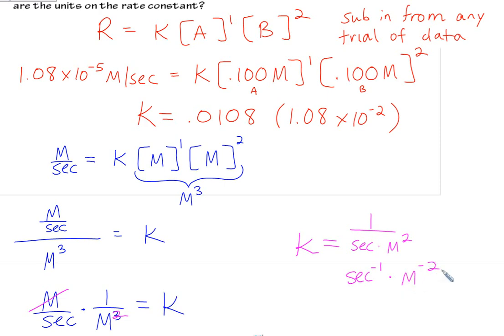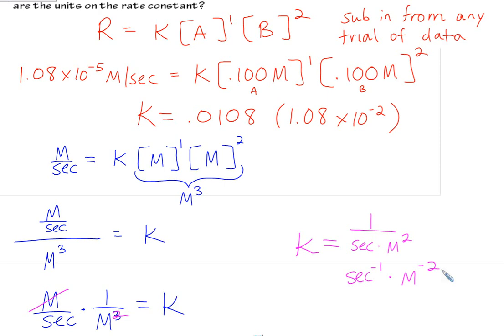You could have subbed in moles per liter for molarity. That would have been fine. But the units of the constant, I think that's the best way to do it. Take your expression and now just algebraically sub in the units for all the variables, molarity to the first or the second or whatever it might have been, and just solve it then for K, the constant.